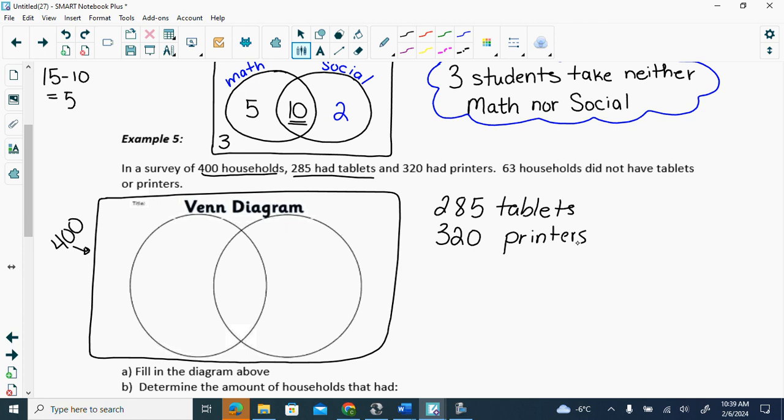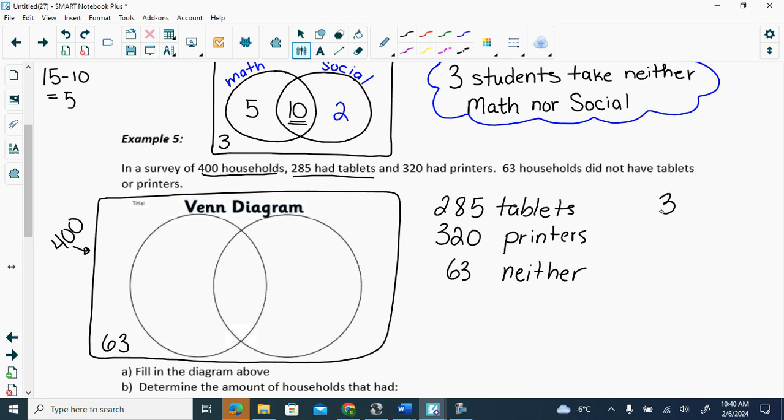In order to find out how many extra there are, we also need the neither people. There are 63 who have neither of these. They don't have a tablet or a printer. And guess what? I can go 63 out here. How many people are left for those circles then? How many need to be in the box? In the box needs to be 400, correct? 63 are outside the circles. So how many are left for the circles? 337, right?